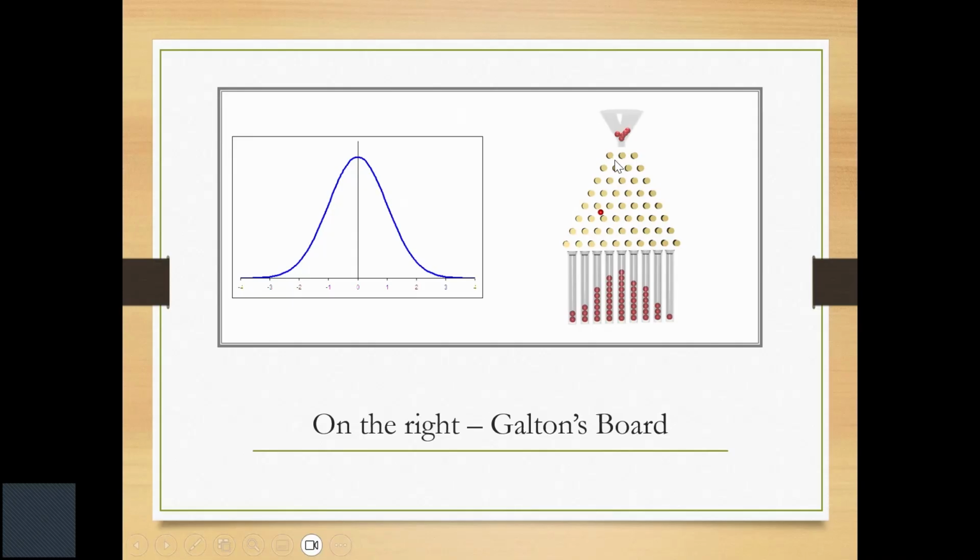And so let's say it goes to the left, it's going to hit this one, it has to go to the left or the right. And so it's going to do that all the way down. Here's one that's on its way. And interestingly, what ends up happening is that the results form this kind of bell-shaped curve. And you might have seen this before, the bell curve, okay? So that is what we are going to learn to call the normal curve, all right?